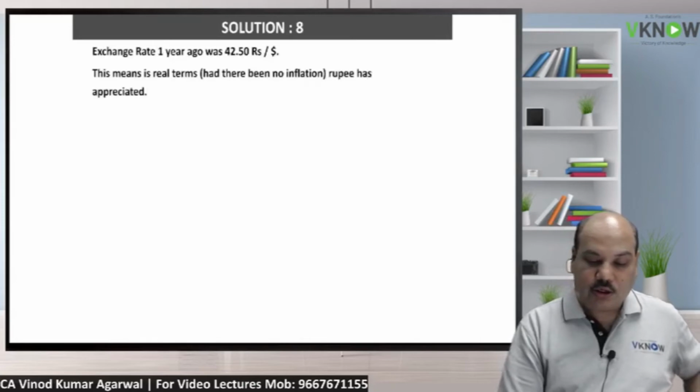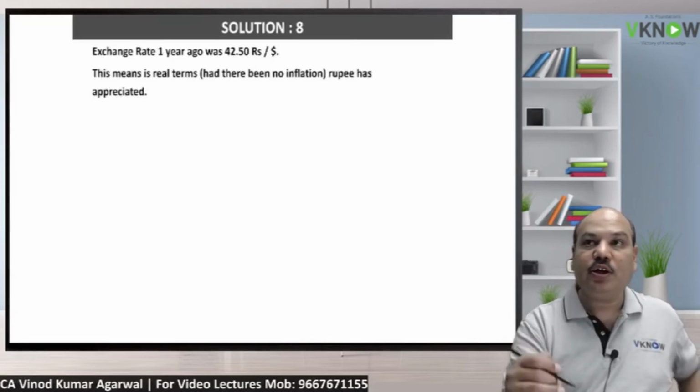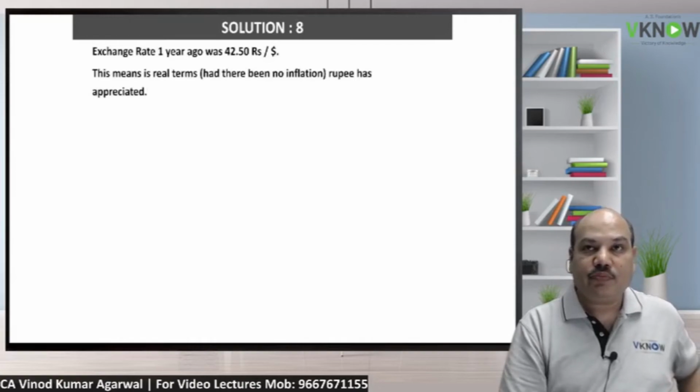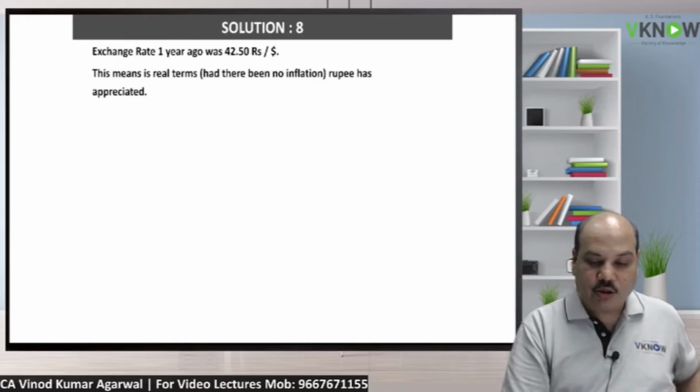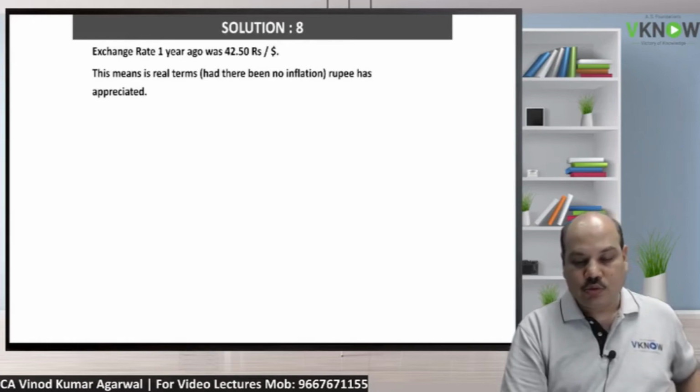So next line, write down neatly. You have to remember and present also in the exam. Today you will write down, tomorrow you will revise and then appear for the exam. Notes are very important. If you write in your own handwriting, it is always useful. Next line: exchange rate 1 year ago was rupees 42.50 per dollar.